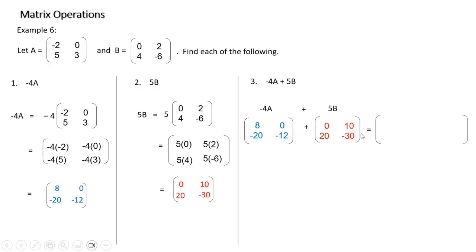So 8 plus 0, 0 plus 10, -20 plus 20, -12 plus -30. It's going to give us 8, 10, 0, and -42. Here's my solution of -4A plus 5B.